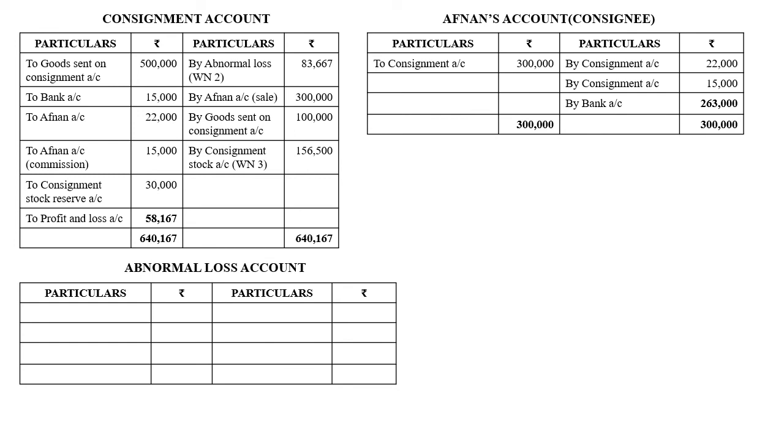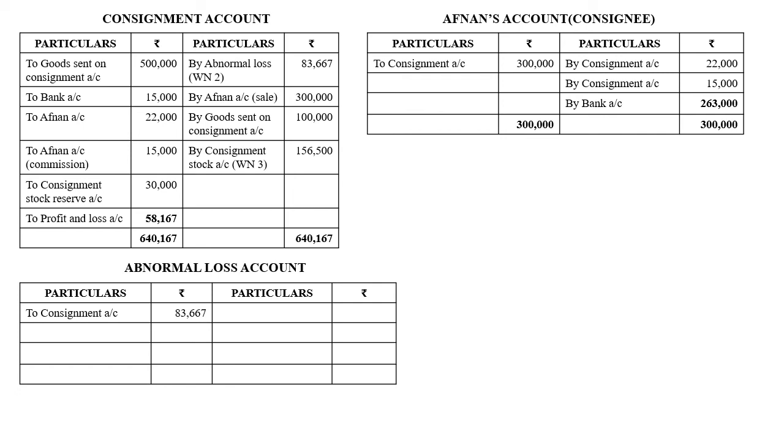Okay, so after that you draw the lines for abnormal loss account. Abnormal loss again is there in the consignment account, that is by abnormal loss, then you have to transfer it on the debit side, that is to consignment, the total value.